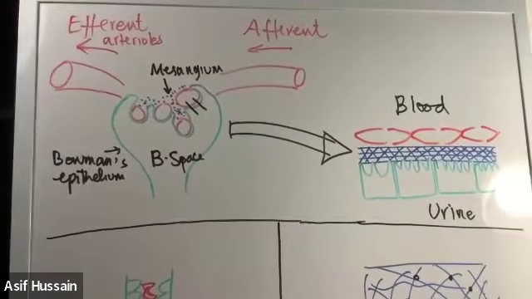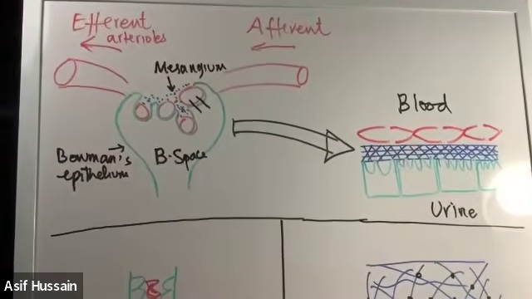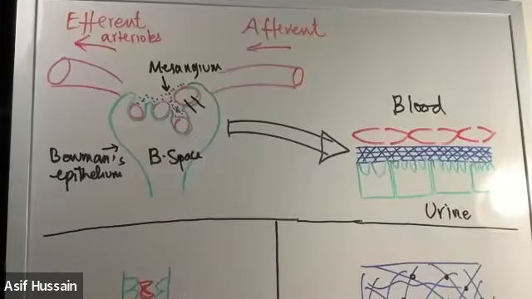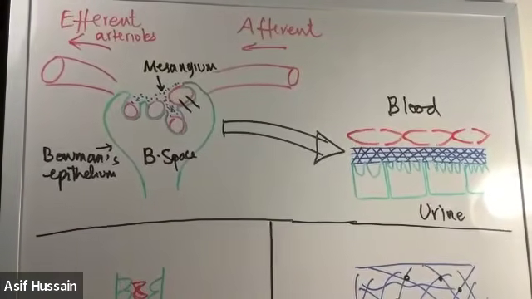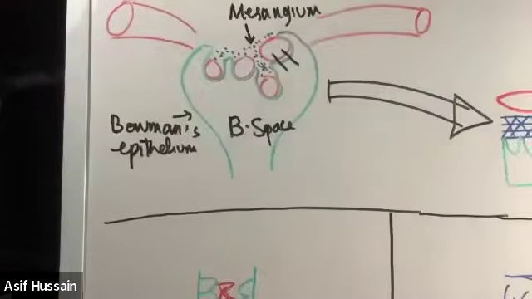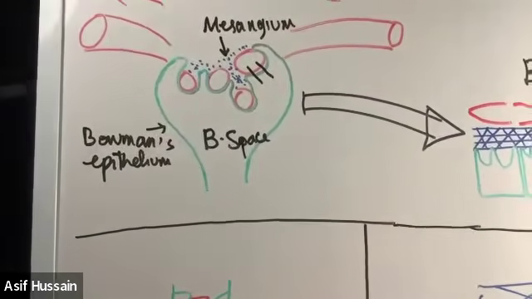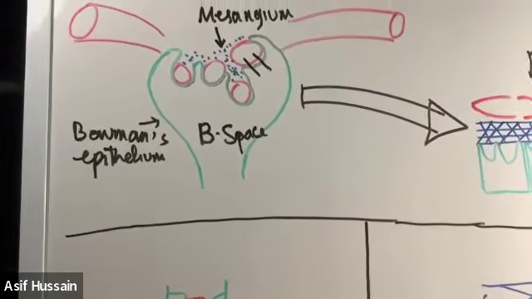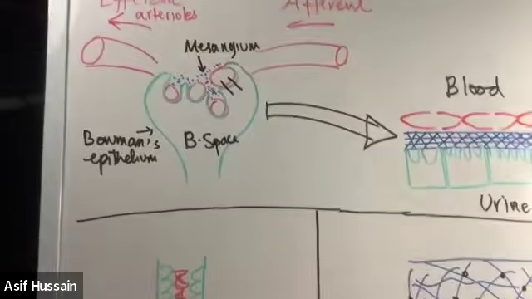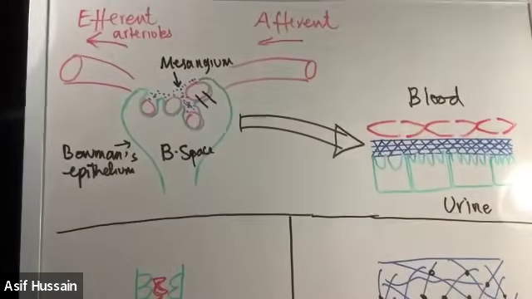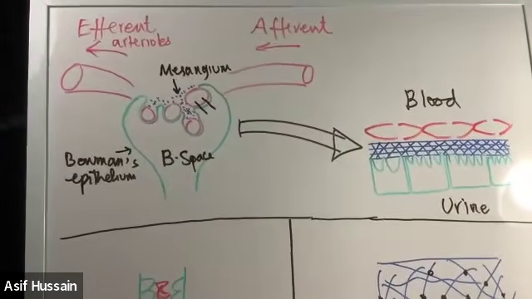These are the two things which are not filtered by the glomerulus into the urine. Rest everything, including water, electrolytes, and waste products, is filtered by the glomerular capillaries freely into the Bowman space. And the Bowman space continues as the proximal tubule onward. So the main purpose of the glomerulus is to act as a barrier, to act as a filter.